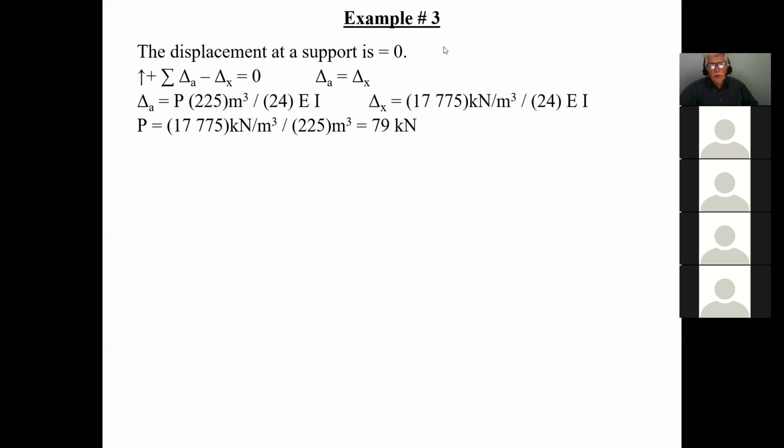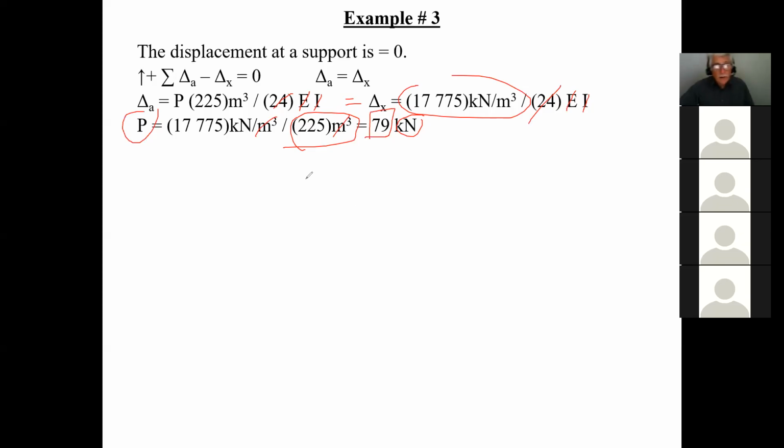Now you notice here, guys, the reason why I don't need the EI is because this and this cancel, and this cancels that. So right away, when I equate this side to this side, I simply get this part divided by this. What's nice is that this cancels, that cancels, I end up in kilonewtons, and therefore the value of P is 79 kilonewtons.